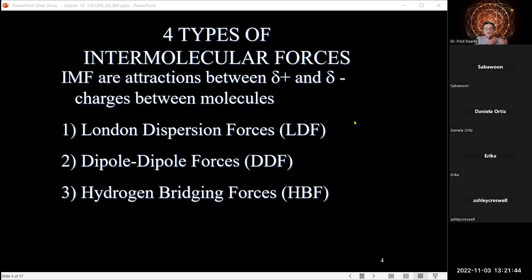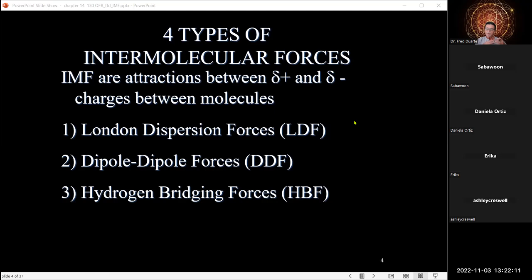It is called hydrogen bridging force. You may have also read someplace where they call this hydrogen bonding. As I stated before, these forces are attractions and they're not really true bonds. So they're trying to get away from the hydrogen bonding naming and give it the name hydrogen bridging force. It's a special type of dipole force as listed in number 2.